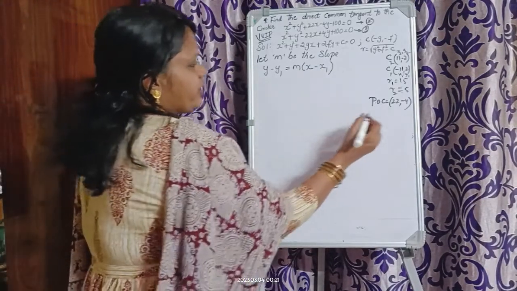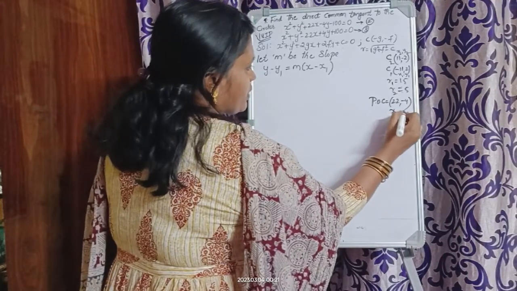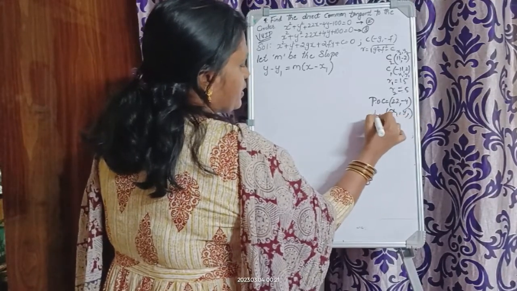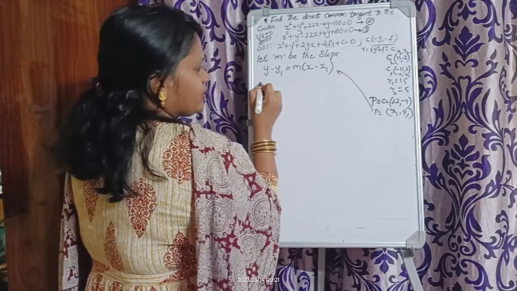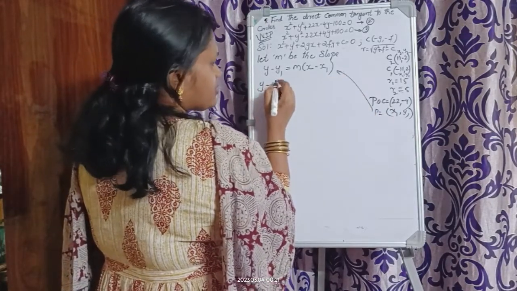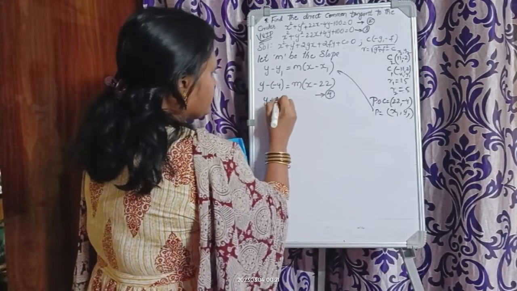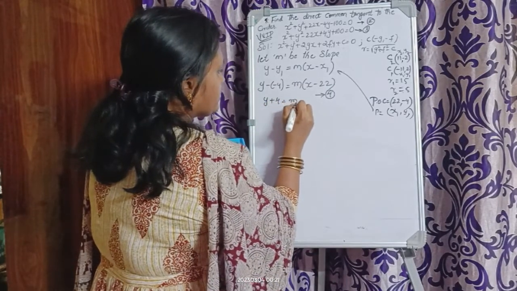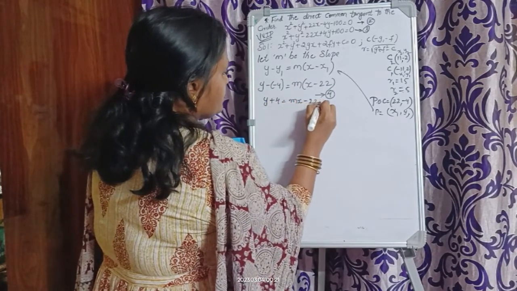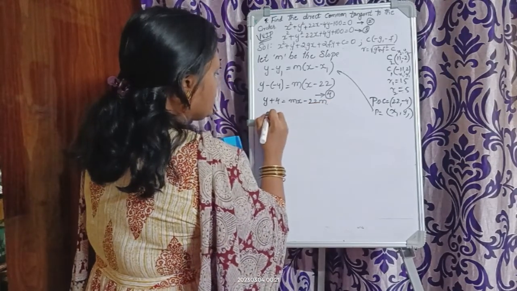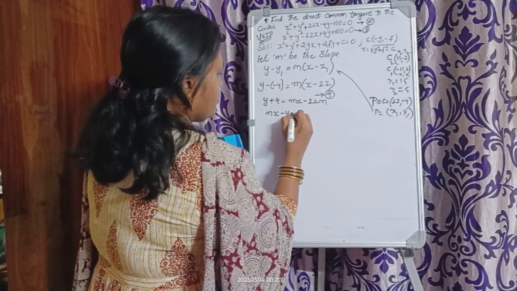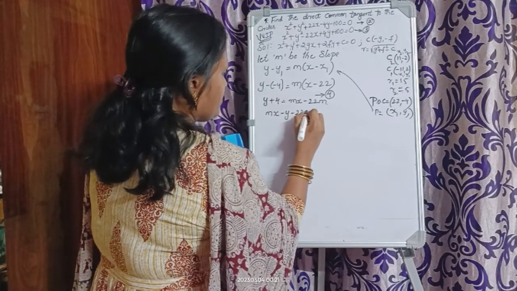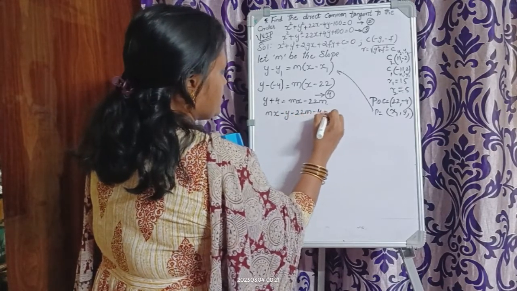Where this is x1 and y1. Substituting these values here, we get y minus 4 is equal to m x minus 22m, or it is mx minus y minus 22m minus 4 is equal to 0.